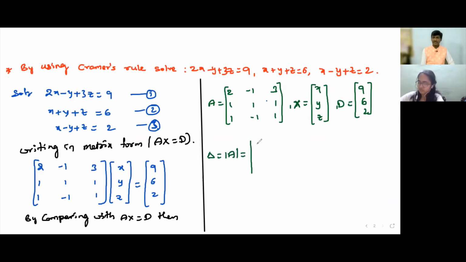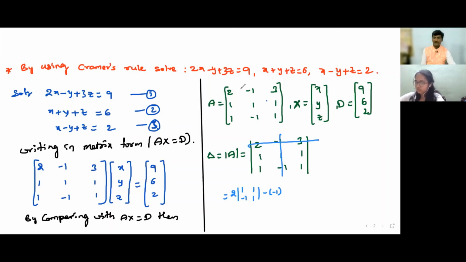So determinant of A, already you know how to find the determinant value. For 3 by 3, so 1, minus 1 and 1. I am finding the determinant, that means I am expanding this. If we expand here, then we get 2 into the minor 1, 1, minus 1, 1, minus of minus 1.